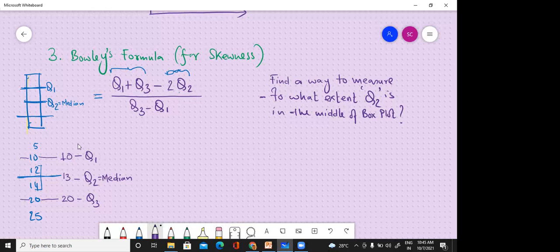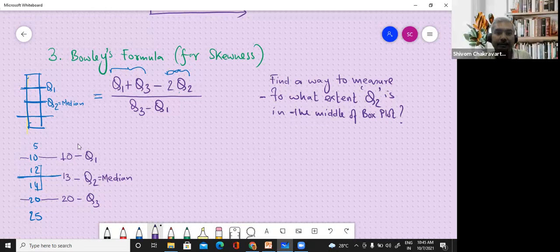Yes, sir. Okay, so these quartiles are used in Bowley's formula for skewness, which is first quartile plus third quartile minus twice into median, divided by the difference between third quartile and first quartile.